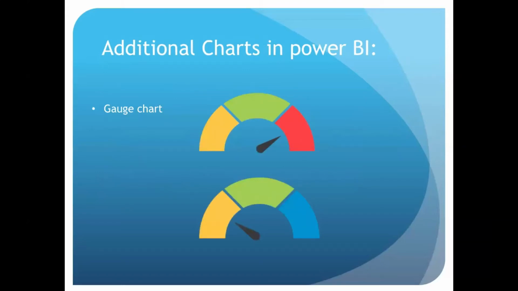Okay, the additional charts in Power BI. We have at least 3 charts in Power BI. The first chart is a gauge chart, also known as a dial chart or speedometer chart. It is used to show information as a reading on a dial.